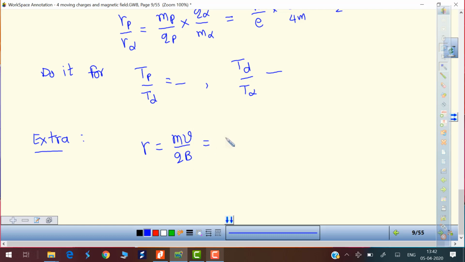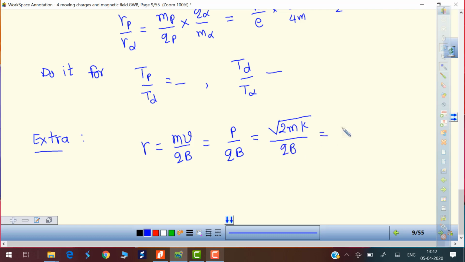It is written in terms of kinetic energy or momentum. So this is nothing but p upon qB. Whatever physical quantity is given, you have to write the formula of R in terms of that physical quantity. If momentum, then I write p. If it is kinetic energy, then I write the relation between momentum and kinetic energy: p is equal to root 2mK, so R is root 2mK upon qB.